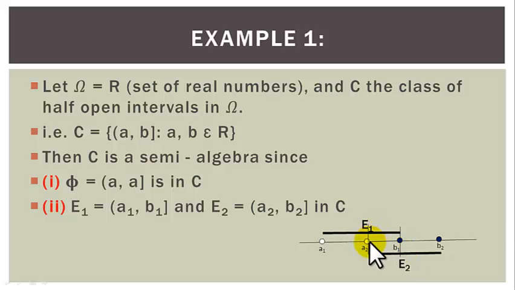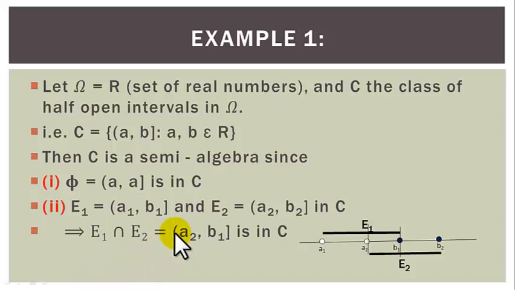You can see that this intersection from here to here is open at a2 and it is closed at b1. Hence, the intersection is an element of C. So this implies that E1 intersection E2 is equal to the half-open interval (a2, b1], which is also an element of C. Then 3.